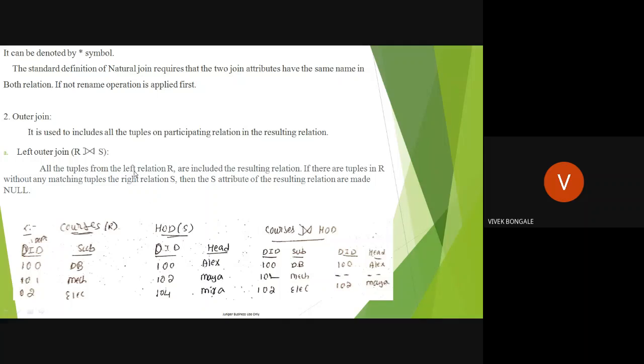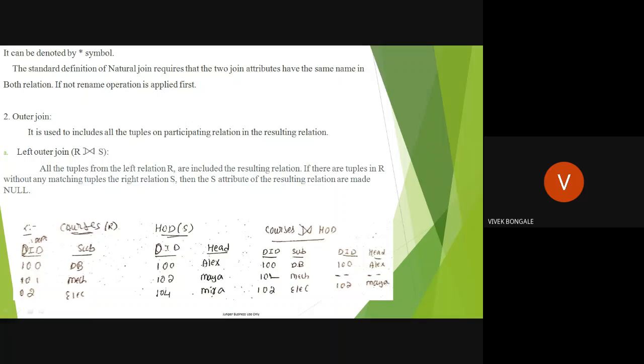All the tuples from the left relation are included in the resulting relation. If there are tuples in R without matching tuples in the right relation S, then the S attributes of the resulting relation are made null. If the left hand side value is not equal to a right hand side value, on the right hand side we place a null value.